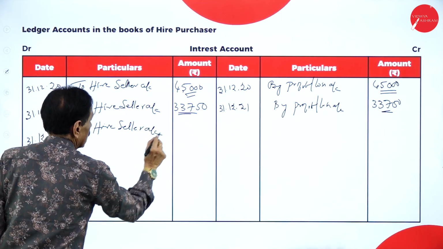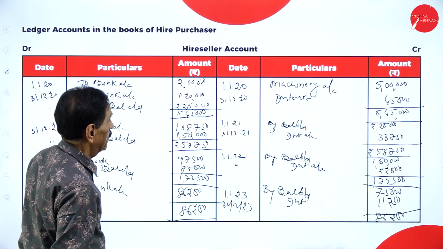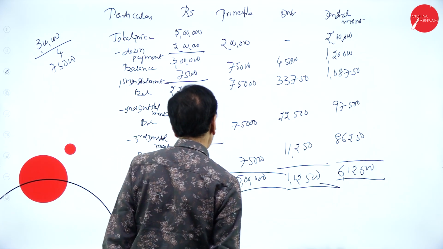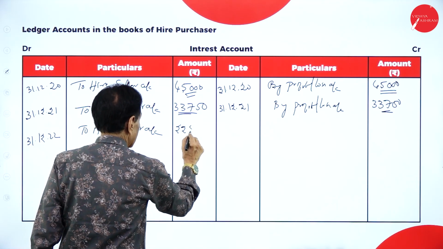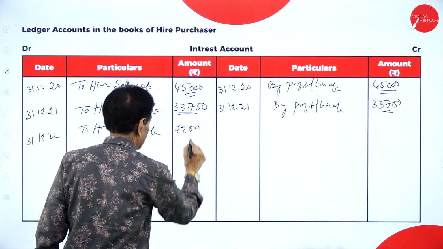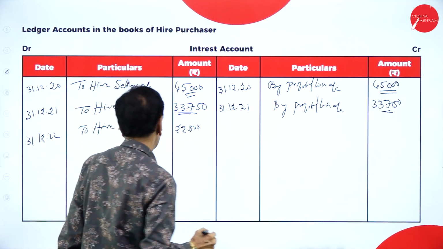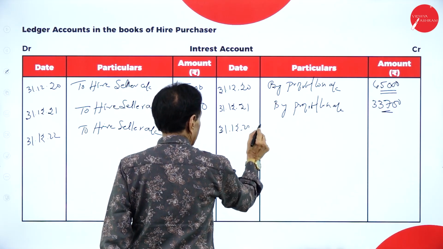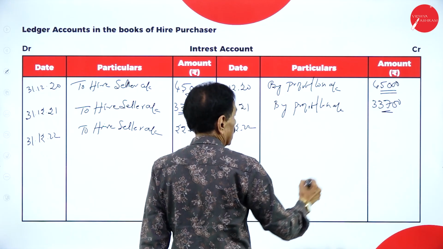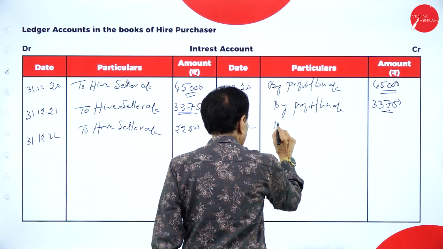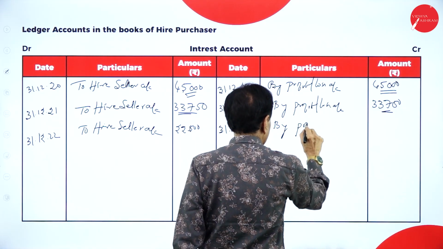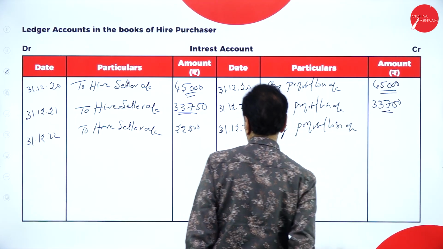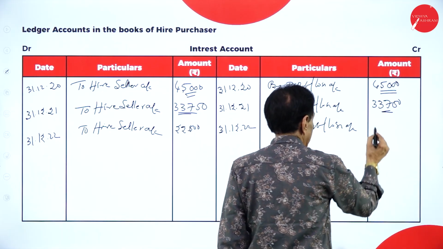Third year interest, 22,500, transferred to P&L account, 31st December 22, by profit and loss, 22,500.